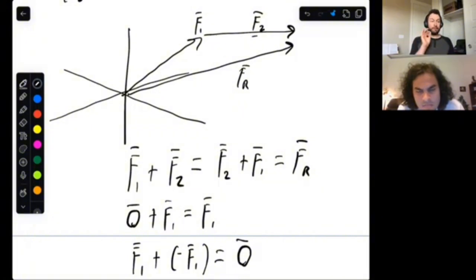These are rules of physical vectors. Okay? What I mean by physical vectors is three-dimensional vectors that represent physical properties that have direction. So examples being force, velocity, angular momentum, and all of those.